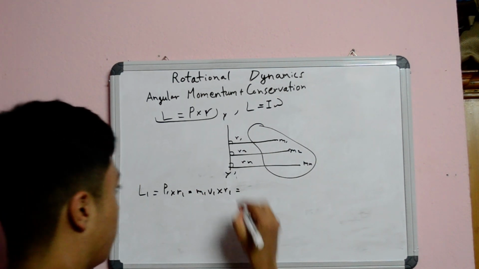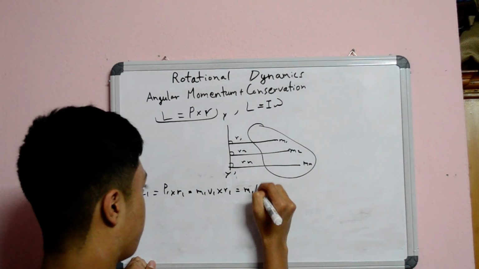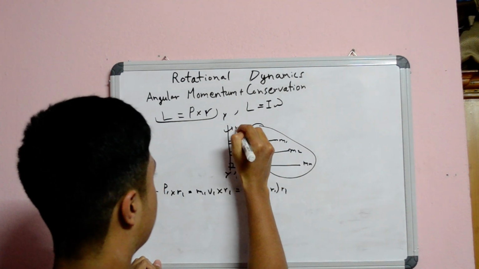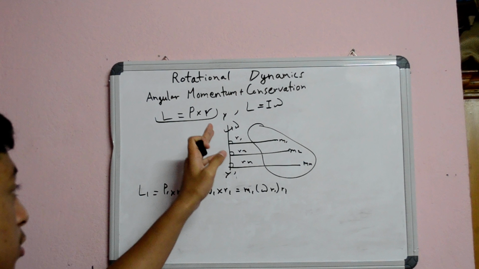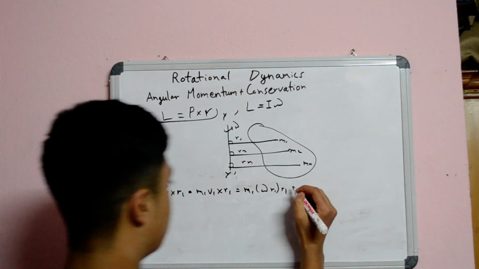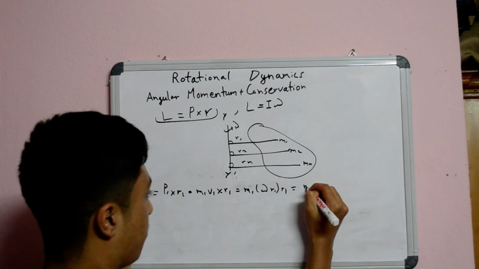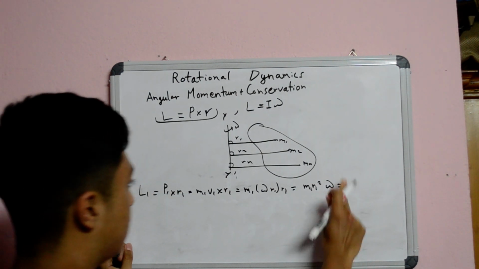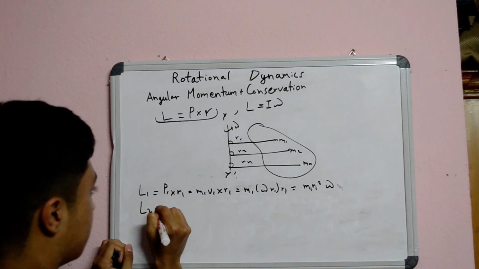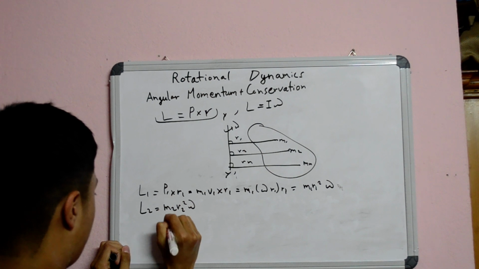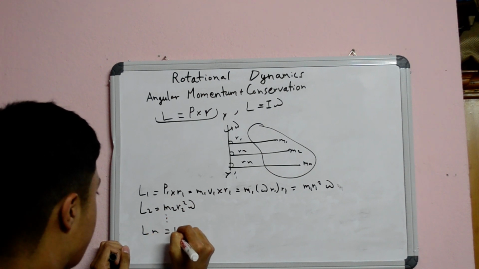Here we can write velocity as omega r1, and the angular velocity is the same for each and every particle. So this becomes m1 r1 square omega, and for L2 similarly we get m2 r2 square omega, and so on for Ln, mn rn square omega.